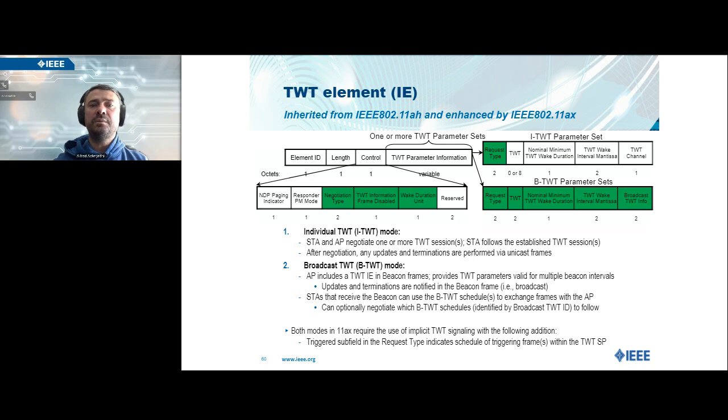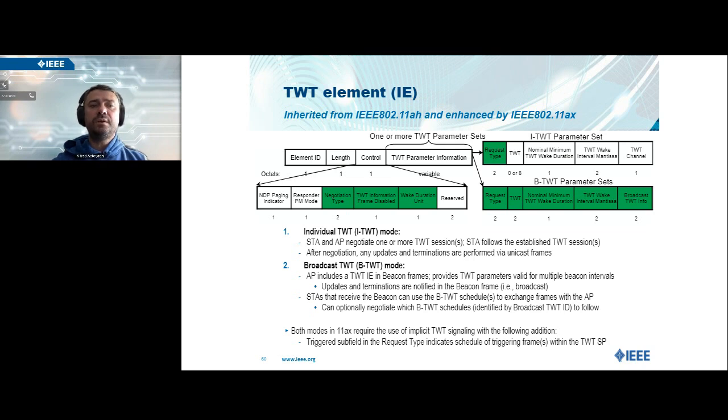For example, the TWT field is 2 octets as opposed to 8 octets, which is in general the case for individual TWT. And that is because the broadcast TWT element is going to be included also in the beacon frames. So beacon frames are sent generally every 100 milliseconds, so we target to keep the beacon length as short as possible to minimize the amount of time for its transmission.